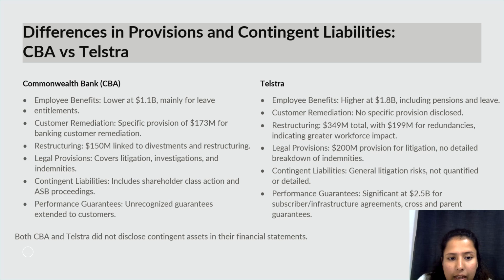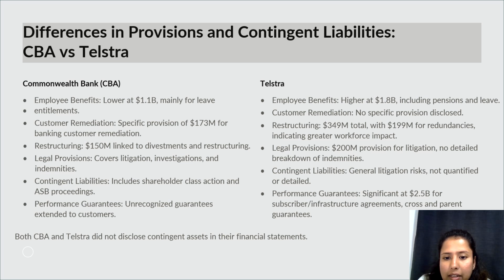The contingent liabilities also include the financial crime penalties. Talking about Telstra, it has a larger restructuring provision, amounting to around $349 million in total, mostly due to redundancies.